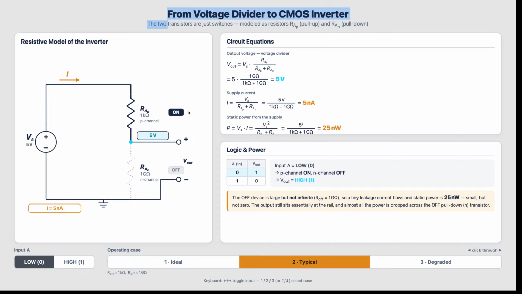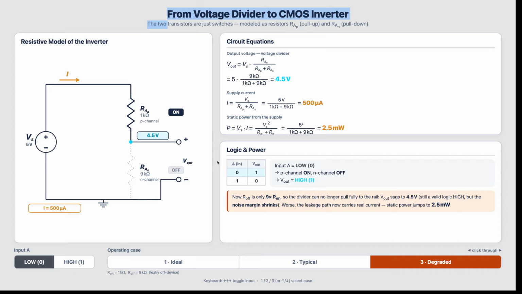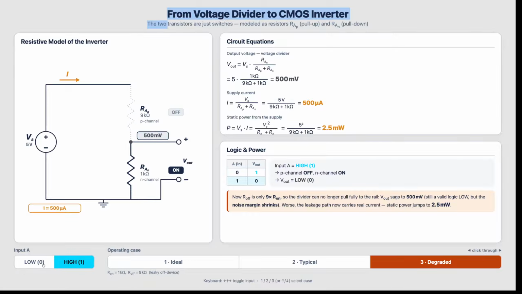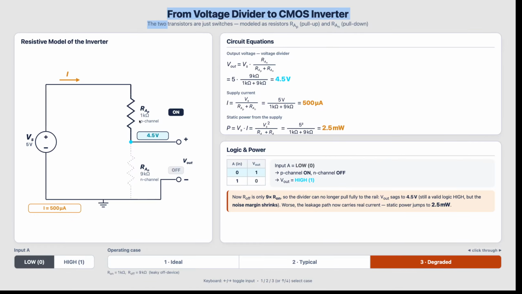Now, another thing that could happen is you could operate in a condition where you don't give the transistor inputs really clean high voltages. It might drift down to the lower range or even outside of the noise margin ranges that you get for a transistor circuit. So here is the degraded case, where hopefully we wouldn't be operating like this, but it could be that when you flip the input A, we make that a low. It gives you a 1 kiloohm P channel resistance, but the N channel resistance is not as large as we'd expect.